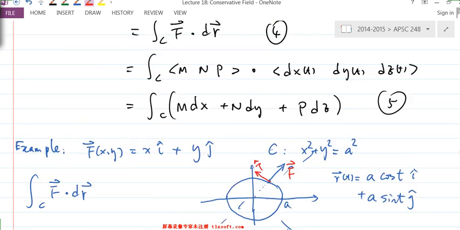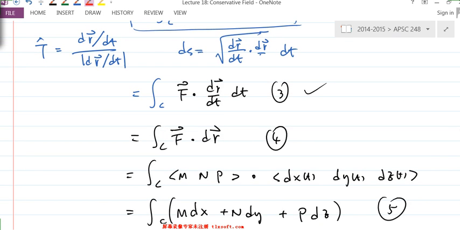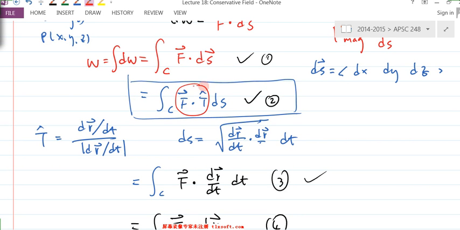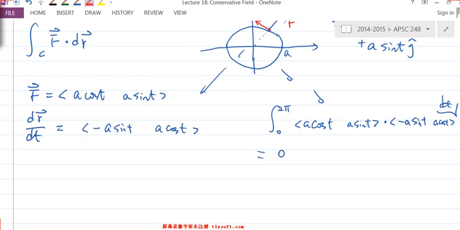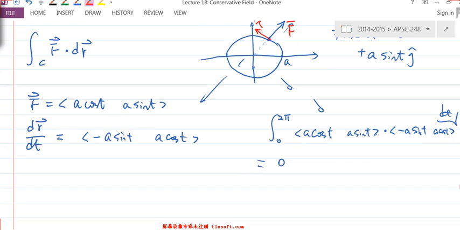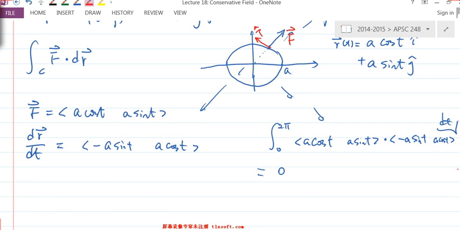So if I apply this formula, the dot product is guaranteed to give you 0, and you don't need to calculate any derivatives or parameterize the curve. Sometimes this can save you time in special cases like this.